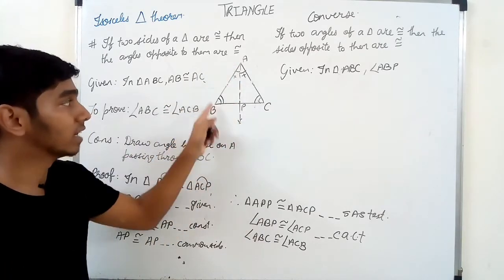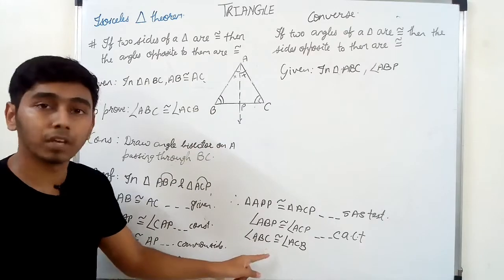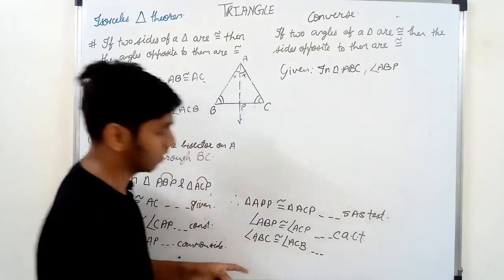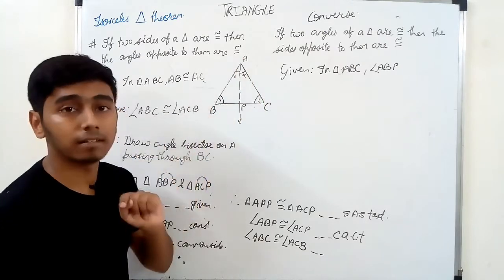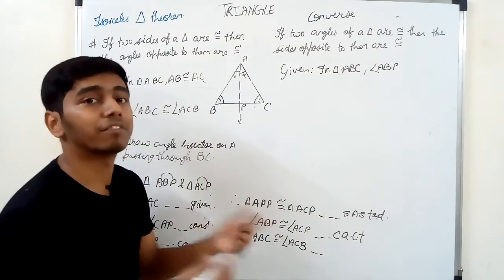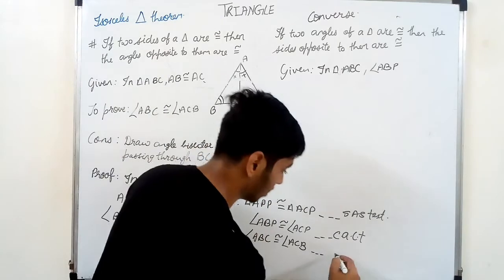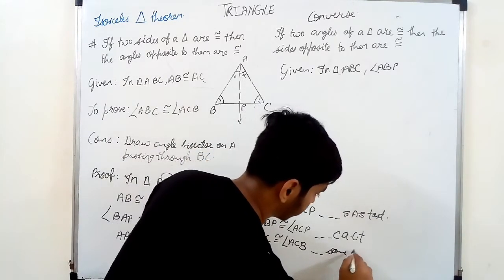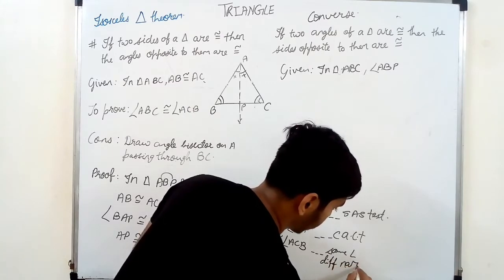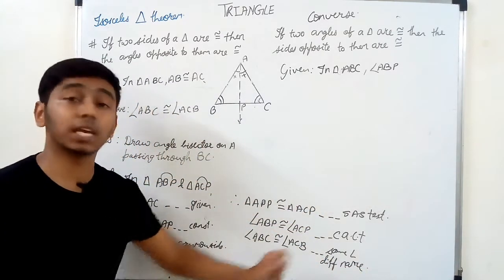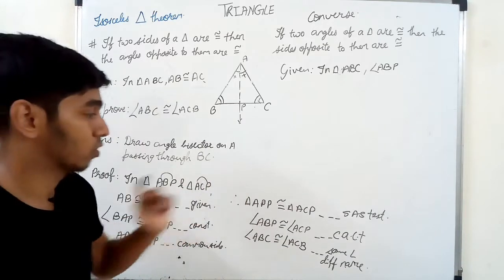Correct? Same for this also. ACP is written as ACB. Same angle but different name, so you can write the reason for that: same angle, different name. I hope you have understood.